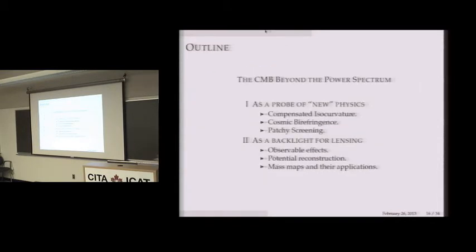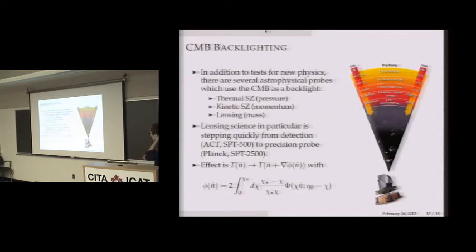And it segues nicely into the second part of this talk, which is about using the CMB as a backlight. You again have this nice fact that because the CMB travels to us from the furthest possible distance, it propagates through everything in the observable universe. And there are some effects which start to crop up at current resolution and noise levels, which you can use to probe astrophysics.